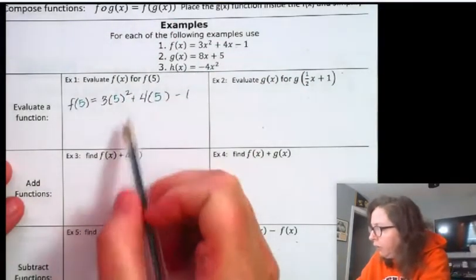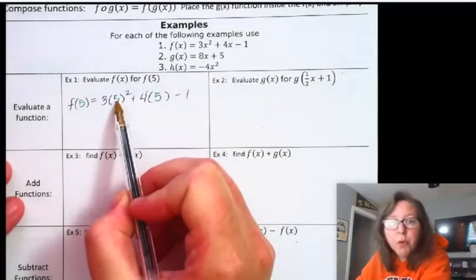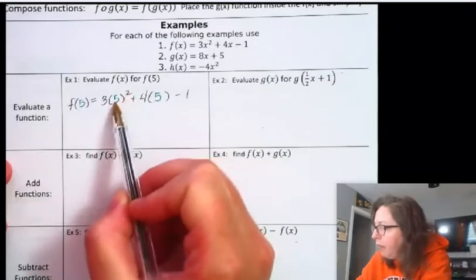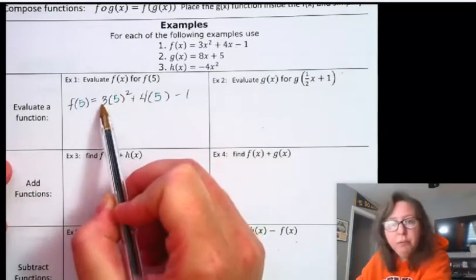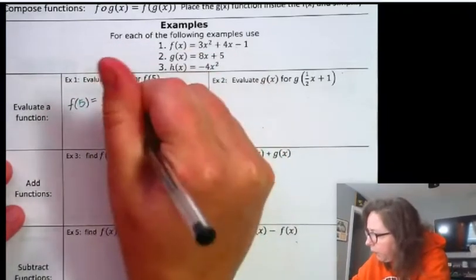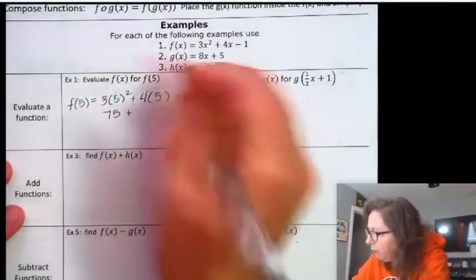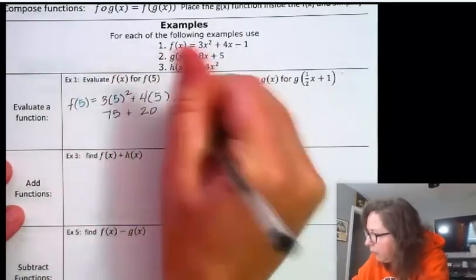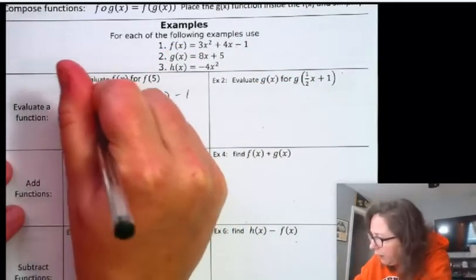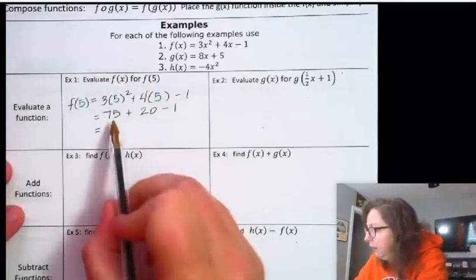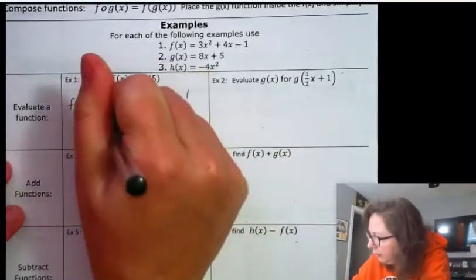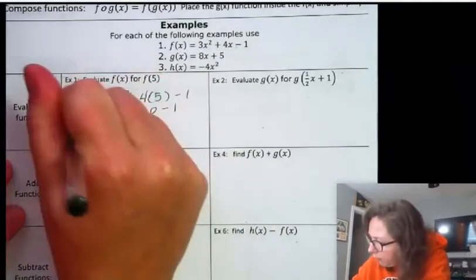And now we're going to start to simplify. So remember your order of operations. 5 squared is 25. 25 times 3 is 75. Plus 4 times 5 is 20 minus 1. So I have 75 and 20 is 95 minus 1 is 94.